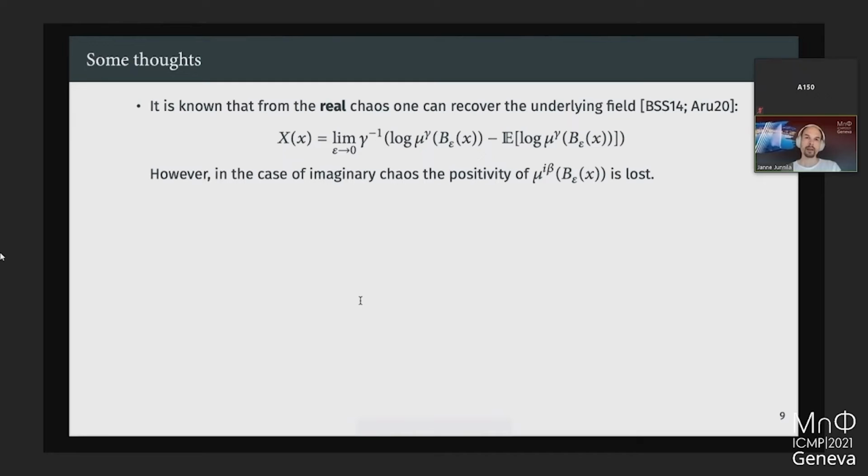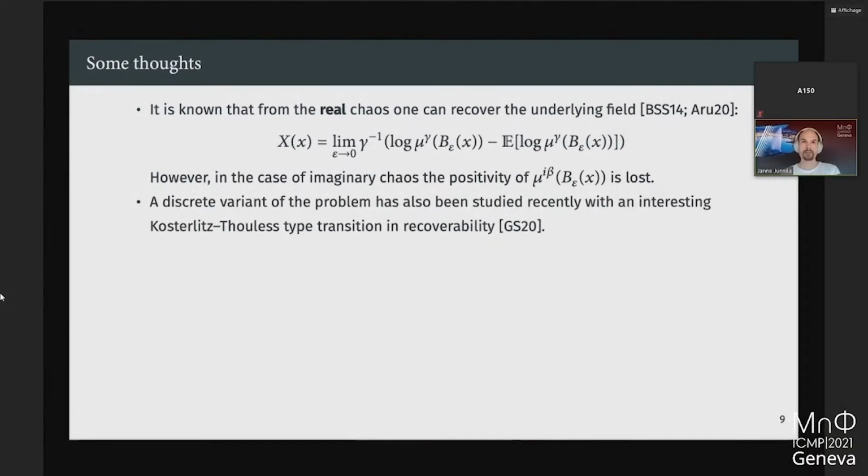Another thing that I would like to mention is a discrete variant of this problem, which was studied by Garber and Sepulveda also very recently, where they try to do the same thing, but for the discrete Gaussian free field. They are given the values of the discrete Gaussian free field modulo some parameter, and what they show is that if this modulus is not too small, then you can actually recover the field, and there is a transition where the recoverability becomes impossible.